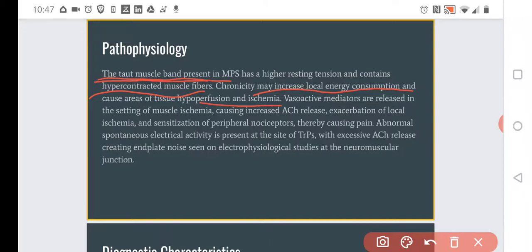And there may be some vasoactive mediators that are released because we have some ischemia. Those may increase the acetylcholine release, and acetylcholine causes the contraction, and we have a loop that leads to exacerbation of local ischemia and sensitization of the peripheral nociceptors, so we have pain.